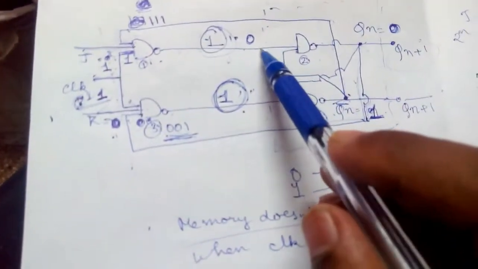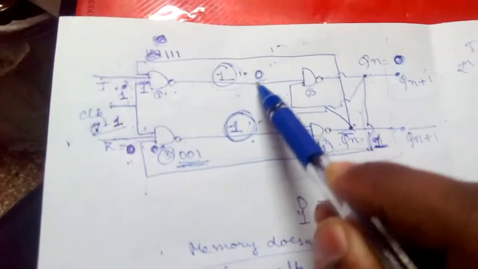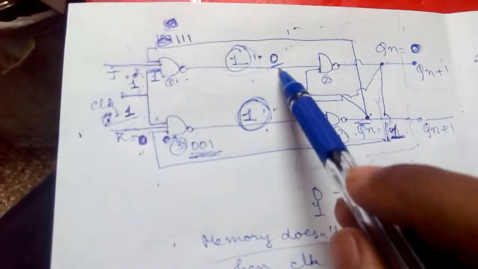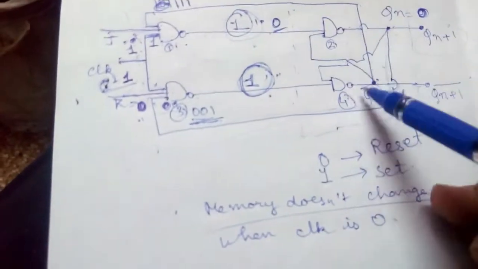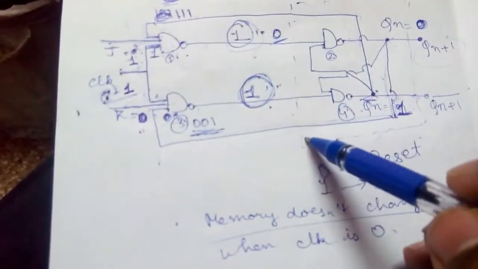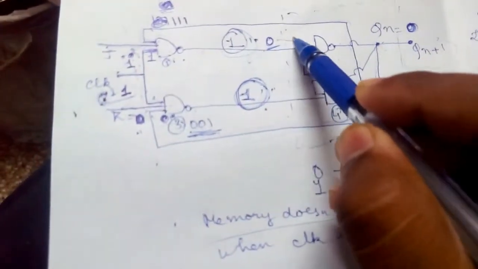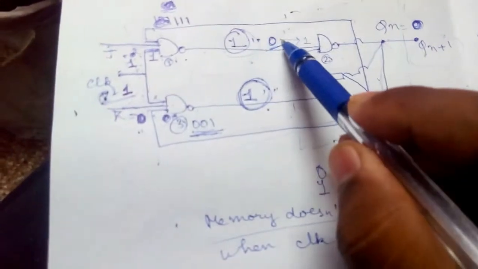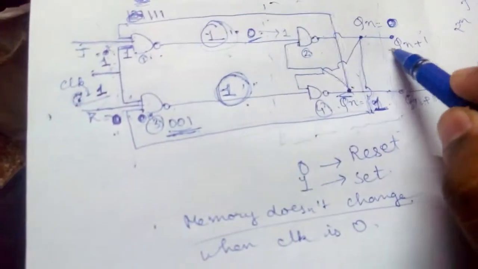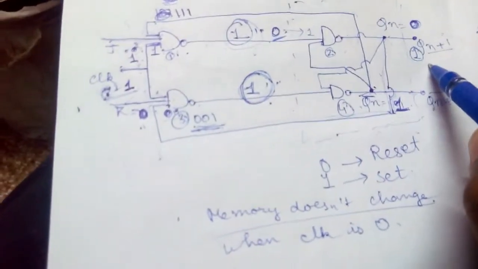Let's see what happens. As this outcome is 0, and as I have said that these two gates are in active low condition, therefore the 0 will transform to 1 as it is in the output, that is 1. Qn plus 1 will become 1 as it is.